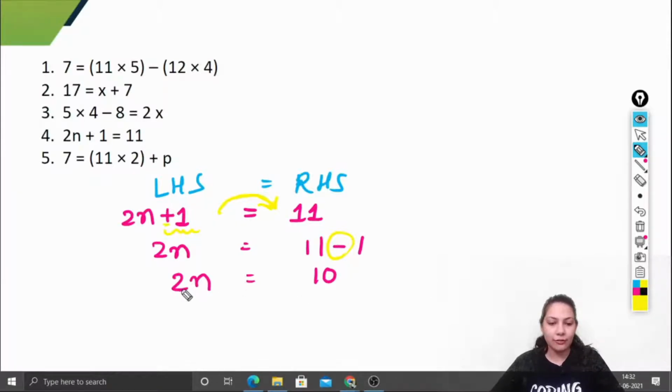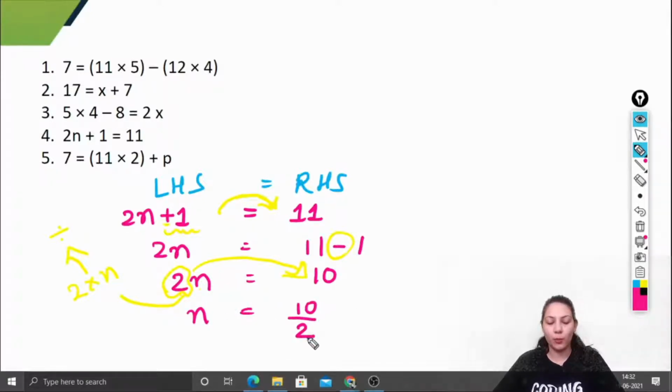Again I have to shift this 2 to the other side of equality to make this n independent of any coefficient. Since here it's given in multiplication, I will change the sign to division. So again here, n equals 10 divided by 2. It will result as 5.